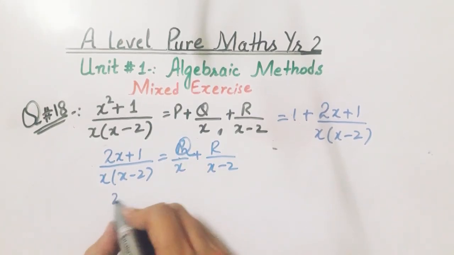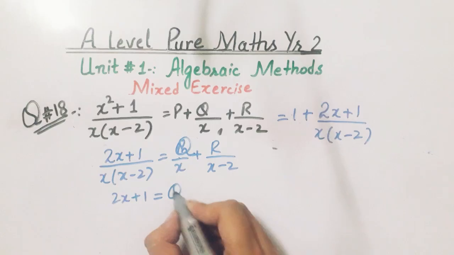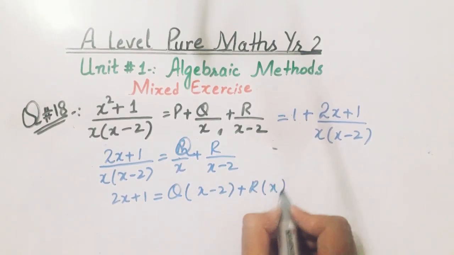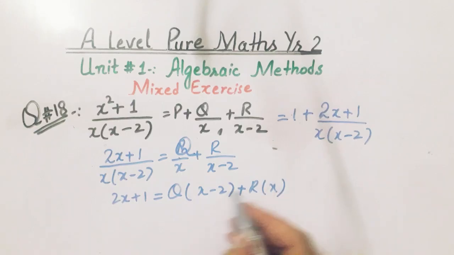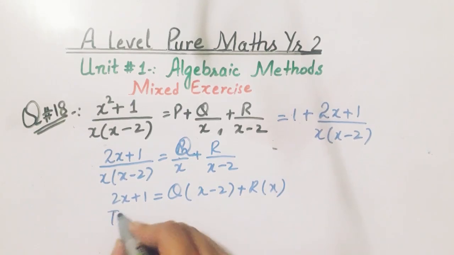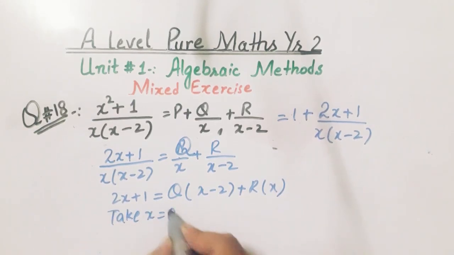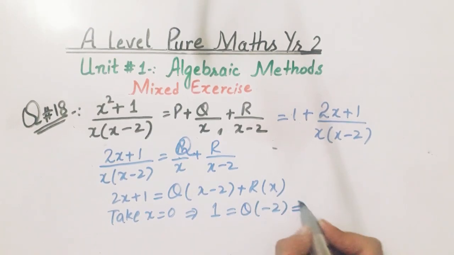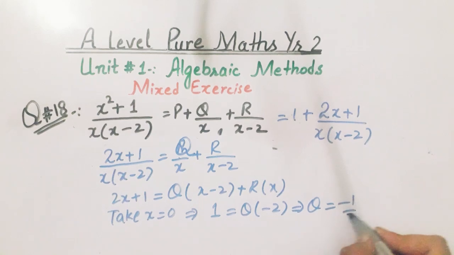Now taking the LCM, 2x plus 1 equals q multiplied by x minus 2 and r multiplied by x. After this, now we will take x is 0, that implies 1 equals q into minus 2, that implies that q equals minus 1 over 2.